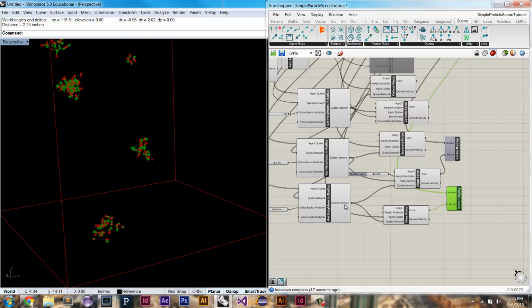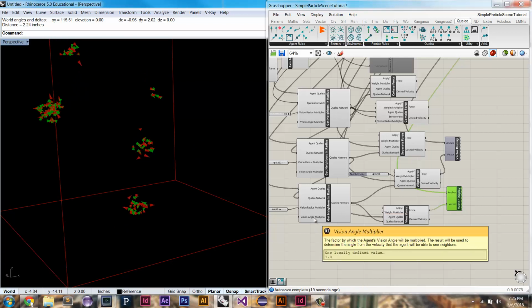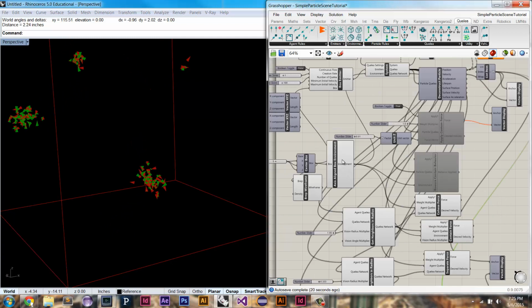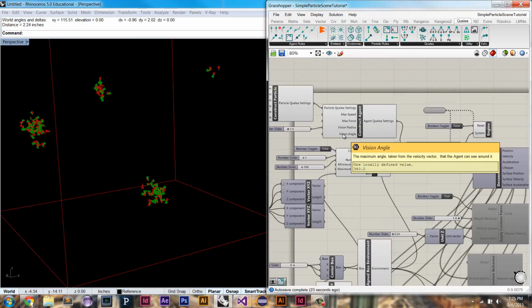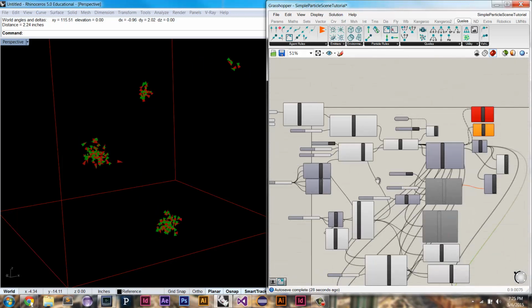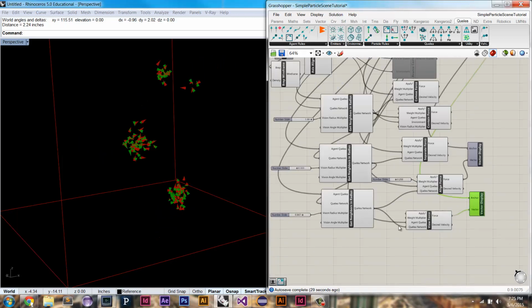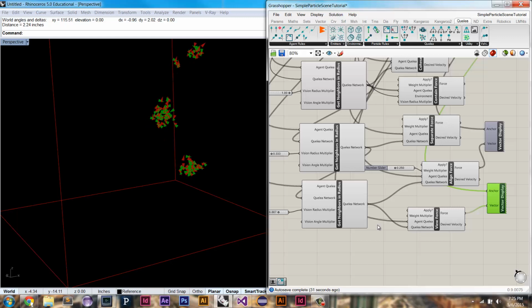But if we have our vision radius multiplier set to 1, and we have our vision angle multiplier and vision angle set to 360, then they're going to be saying that everyone is in their field of view, even if they're behind them, which is clearly not right.